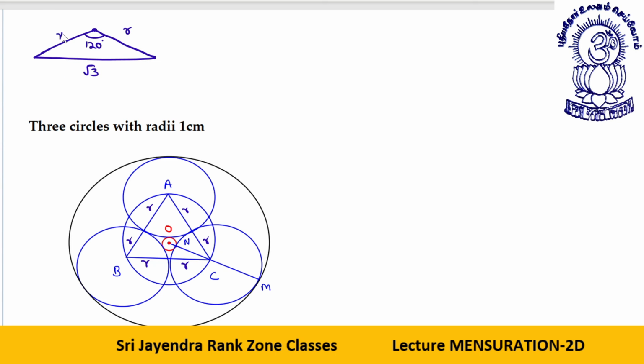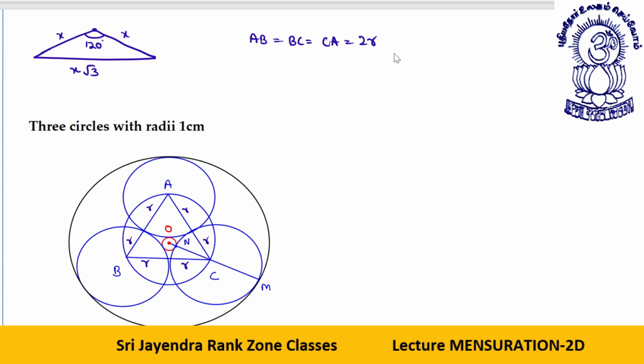Let's say these sides were x, then this becomes x root 3. So far, it is clear to everyone. Now we have AB equal to BC equal to CA, and these are all 2r.